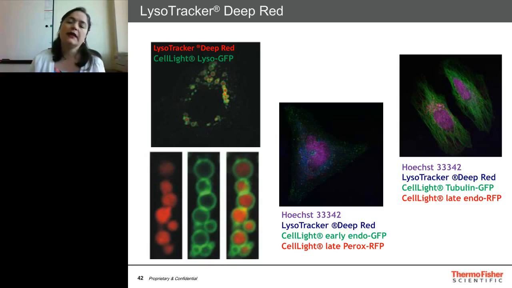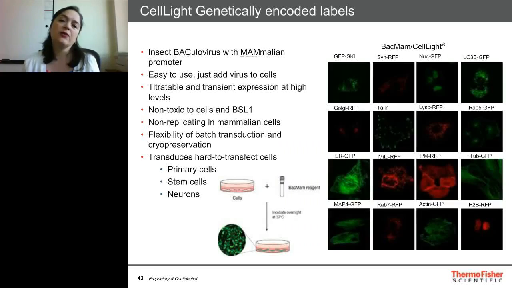Another way to label cell organelles and structures is to use genetically encoded labels, and that takes advantage of fluorescent proteins. And you can send the fluorescent proteins to different structures in the cell.